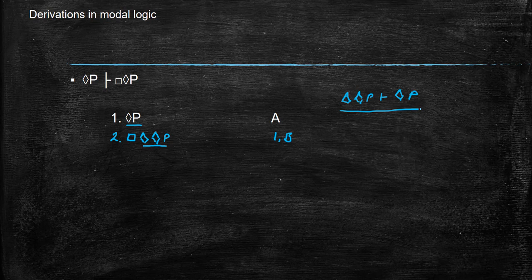So we can avail ourselves of this theorem, and we can assert that it's necessarily the case that if possible possible P, then possible P. So that's not by any line, that's just by the N rule.